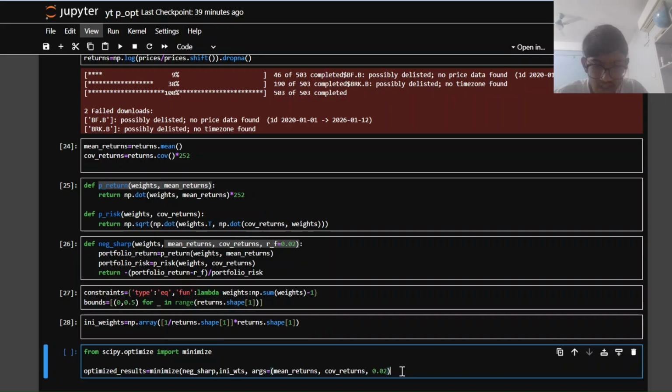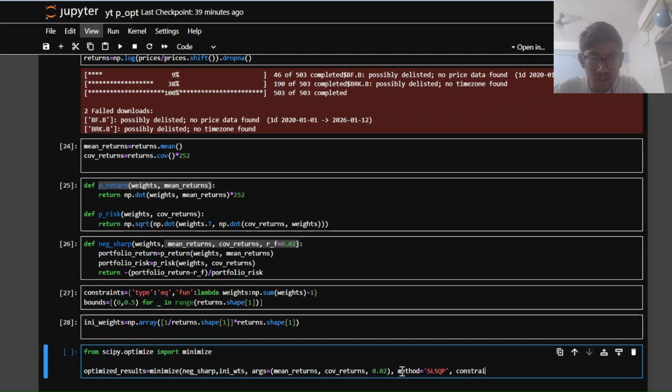And now finally, our method that we'll be using is something called SLSQP, right? SLSQP. So this method tries to iteratively solve a nonlinear problem which has some equality and inequality constraints, which is what we are dealing with here, right?